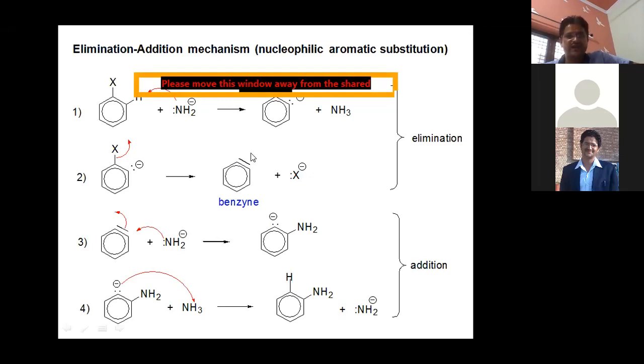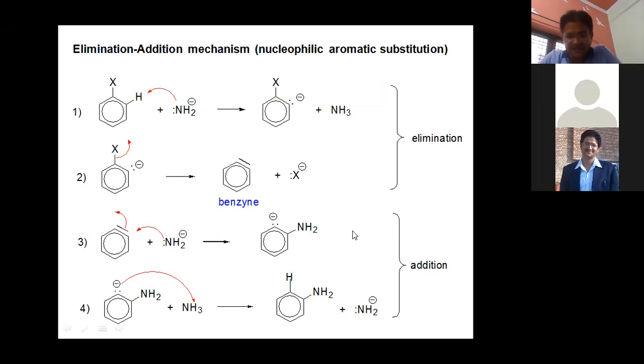So this is actually the first step, where X minus and H plus are removed. We can say HX is removed in the first step. You can say this step is the elimination step.